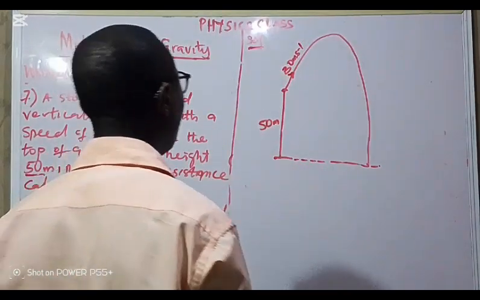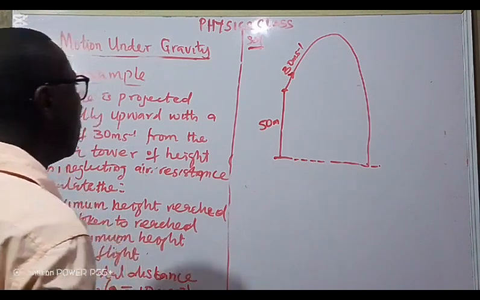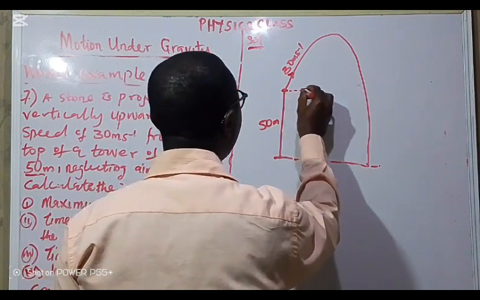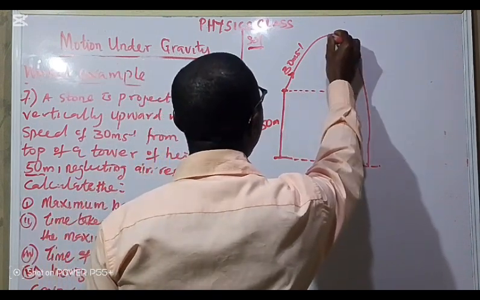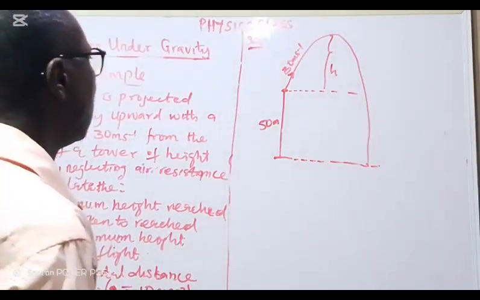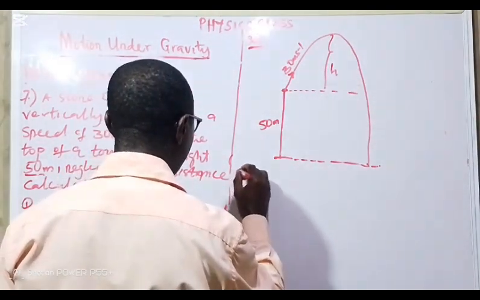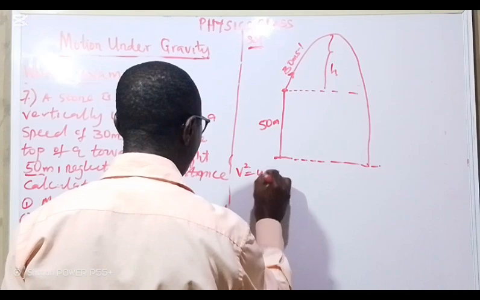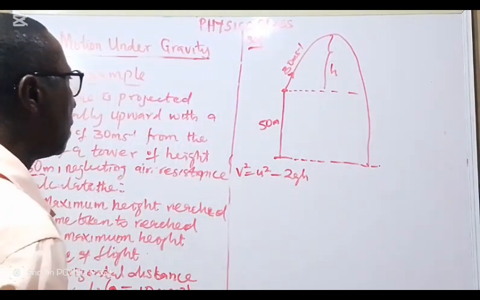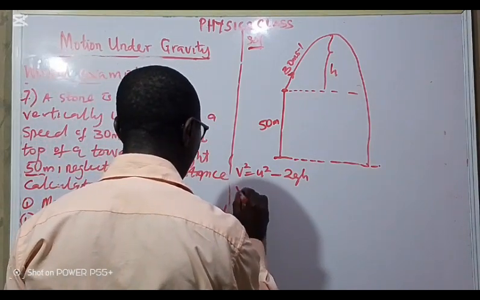Now, to calculate the maximum height raised by this stone from the ground, the first thing we need to calculate is the height of the stone from the top of the tower. Let's call it h. To calculate h, using our formula, v squared is equal to u squared minus 2gh. At maximum height, v is always 0.